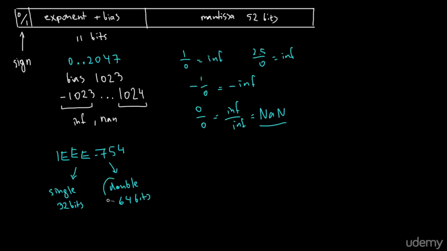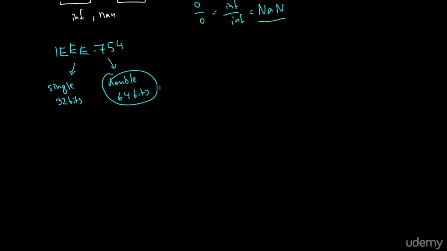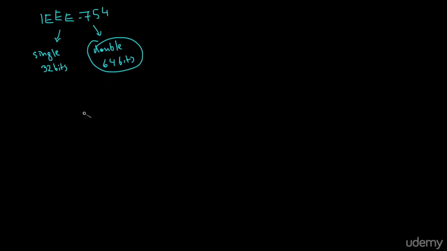So let's suppose that we decide to use double precision in order to store a particular value. Let's say we want to store the value 22.5. We need to somehow convert it into this notation using all of the things that we've described above.